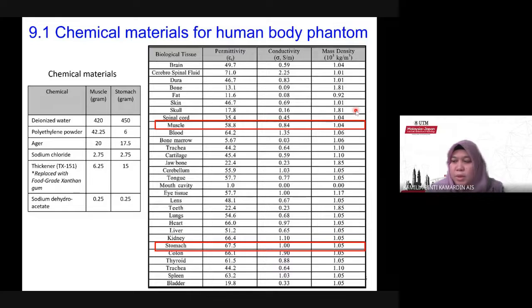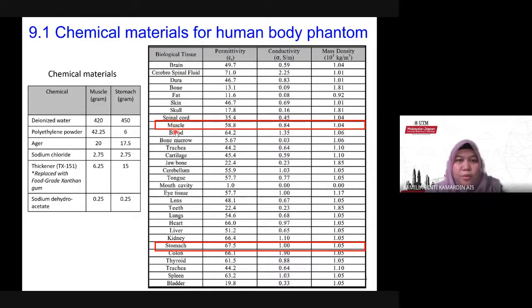Okay, so in order to do that, we have to have the ingredients for the chemical materials for the human body phantom that we would like to investigate. So this is a set of published values from the literature for many biological tissues. This phantom is dependent on the type of biological tissue as well as the frequency.